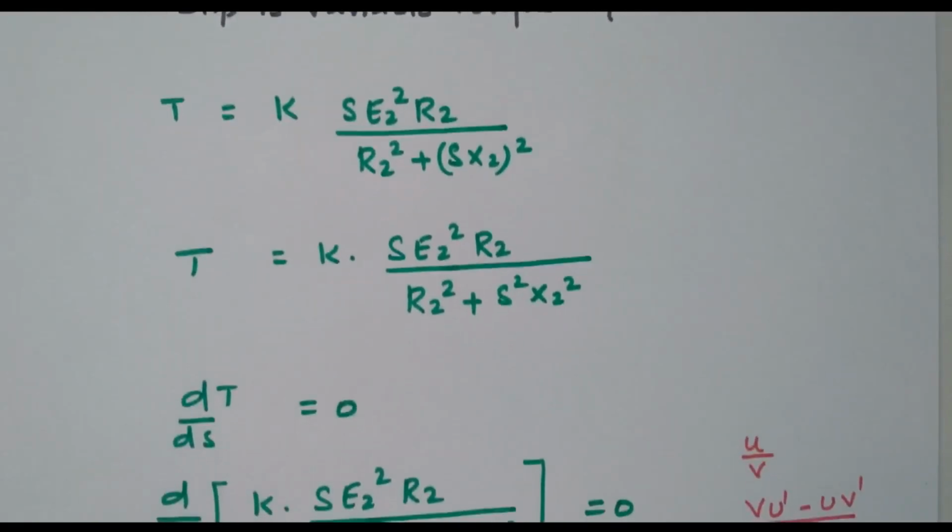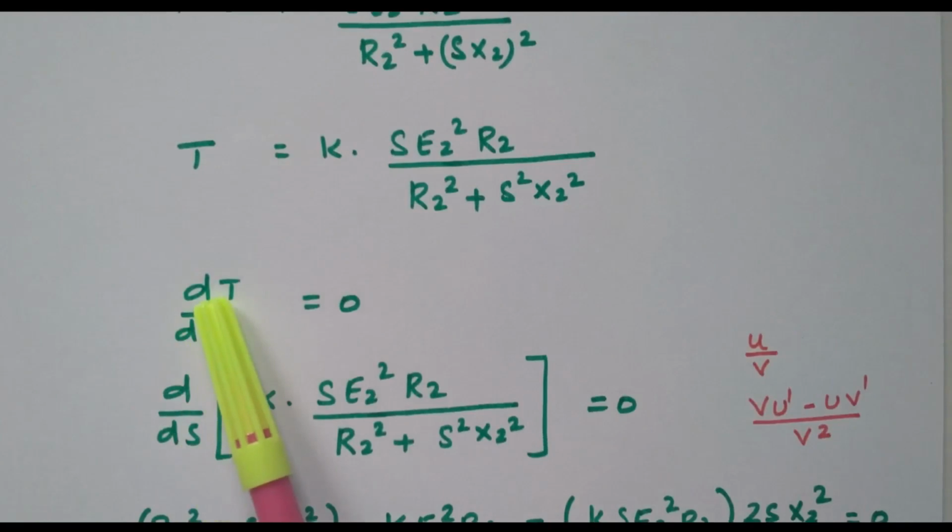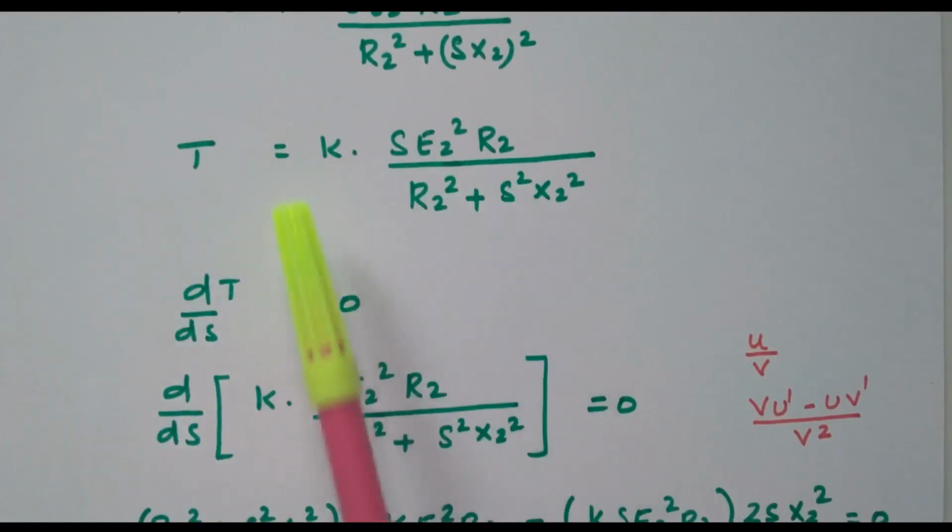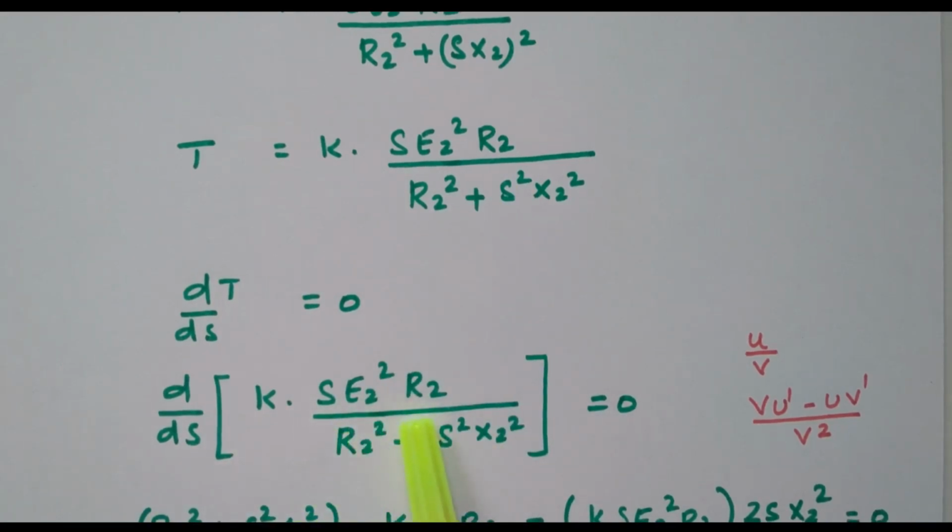Now we need to differentiate this equation, d by ds of T equal to 0, right? So d by ds, differentiation with respect to slip, of the torque equation. Now substitute the torque equation here, K into S E2 square R2 divided by R2 square plus S square X2 square, that is equal to 0.